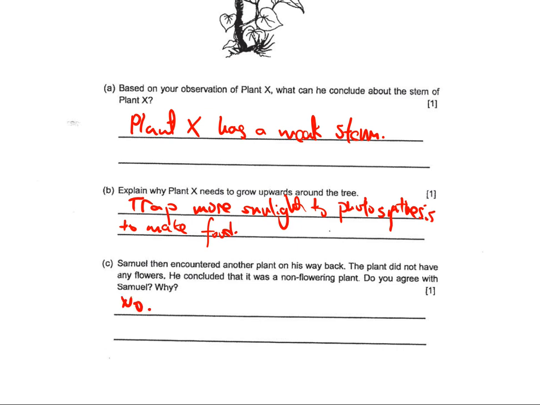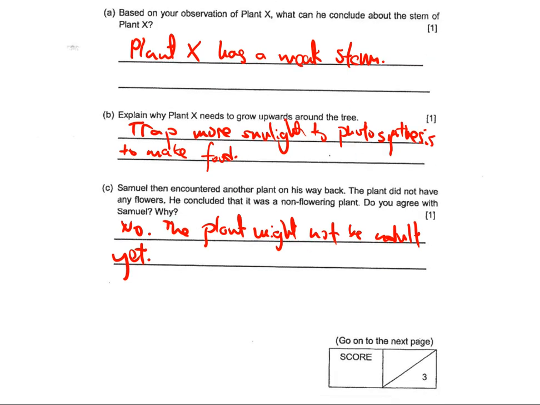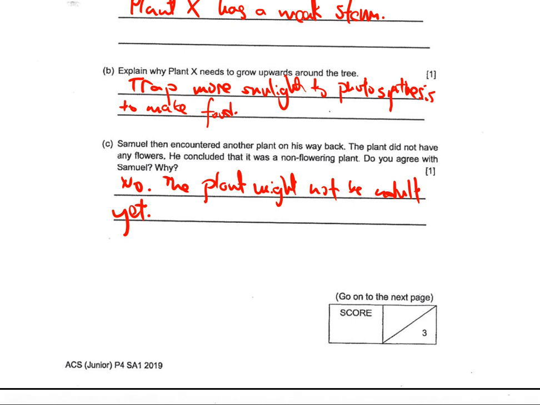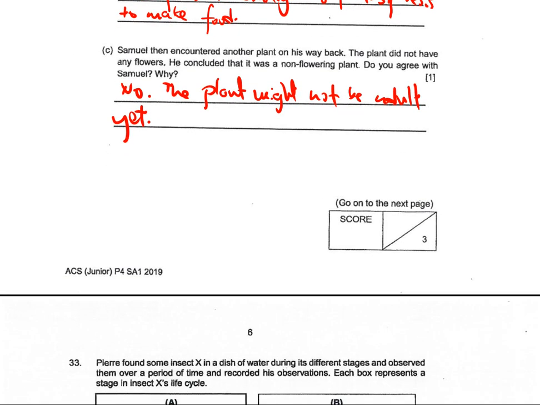No, the plant might not have flowered yet. To say that it's a non-flowering plant because it doesn't have flowers at that point in time is a hasty conclusion, so you cannot conclude the result, okay? Same thing as just now, okay? If you write no, there's no points, you have to explain.